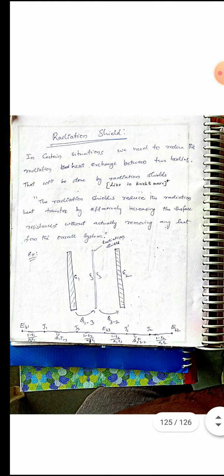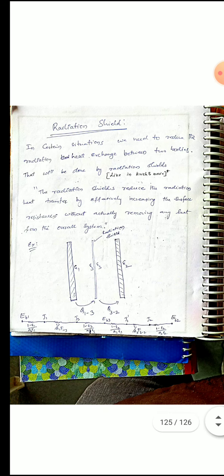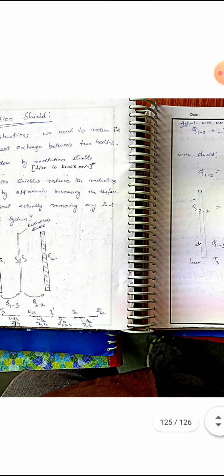Radiation shields. What is a radiation shield? Radiation shields reduce the radiation heat transfer by effectively increasing the surface resistance without actually removing any heat from the overall system. It will not remove the heat from the overall system, but it acts as a shield which will not allow the radiation to pass to the other body, from E1 to E2 or E2 to E1. That is the importance of the radiation shield.